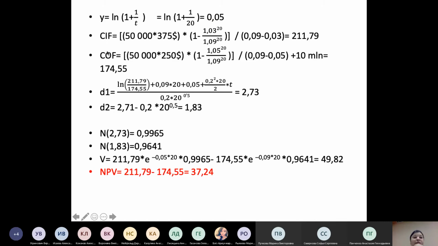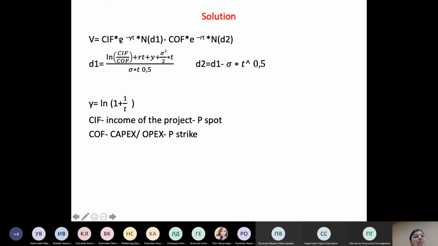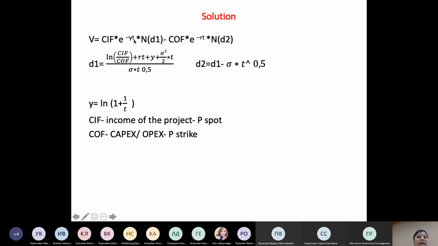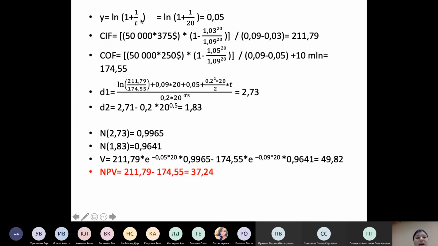First of all, our cash inflows, our benefits, 111.79, multiply our constant e to the extent of our yield losses multiply t, our yield losses, which were calculated earlier, to the extent t, our period of expiration, multiply the normal distribution of D1, 99%, minus our strike price, or our capital expenditures, multiply constant e to the extent risk rate multiply period of expiration, and multiply our probability of realizing this option, or 96%. And we are receiving 49.82.